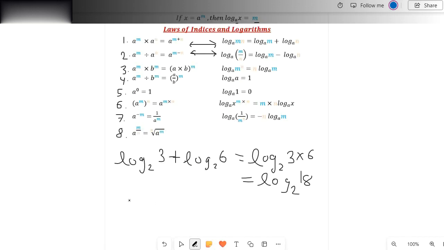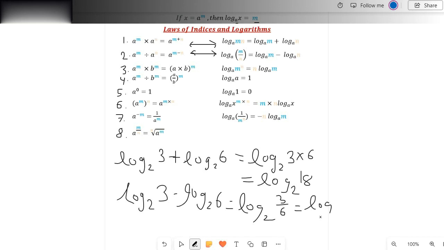And similarly for the second rule, we have log base 2 of 3 subtracted with log base 2 of 6 will be log base 2 of 3 divided by 6, which is a half. So we can write that as log base 2 of a half.